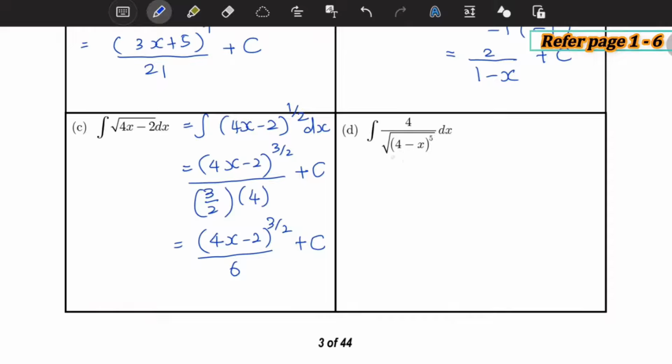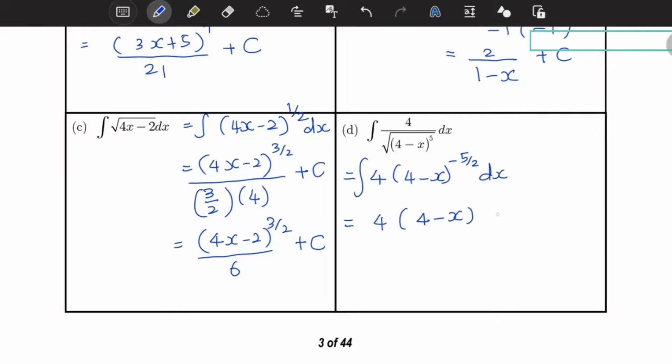Next, part D. Okay, we can simplify as 4. Okay, integrate 4 times (4 minus x) power of negative 5 over 2 dx. Equal to 4, the constant. Okay, copy the bracket 4 minus x. We increase the power by 1, so we have negative 3 over 2.